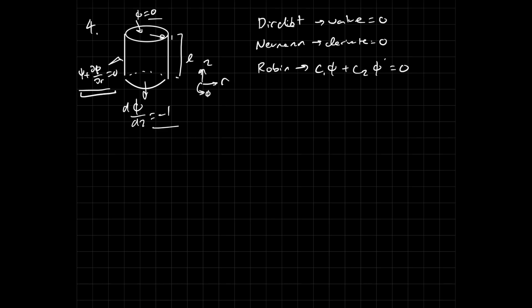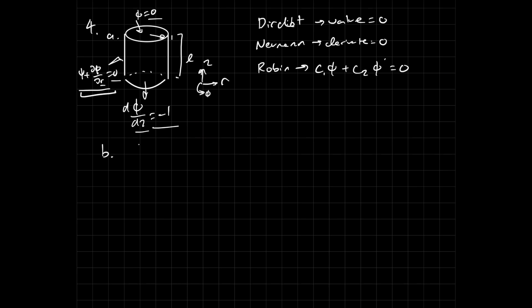So the second question asks, let's just call this 4a: which direction has the homogeneous boundary condition? Well, we notice that this dphi/dr is always going to have a component that's equal to 0, but z is not. And of course, we don't have anything related to the actual angle.